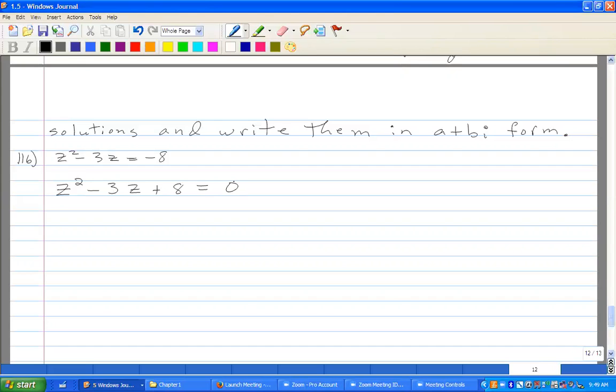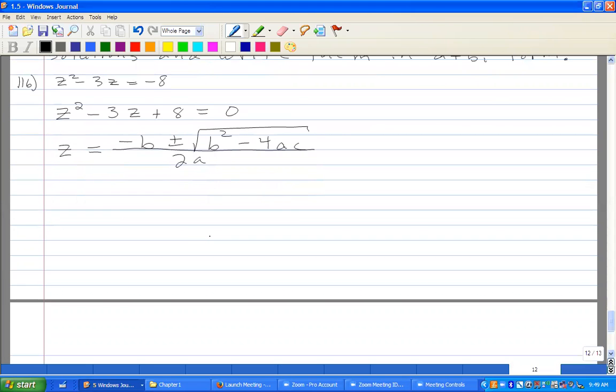So now that I've written it in this form, I can use the fact that z is equal to negative b plus or minus the square root of b squared minus 4ac all over 2a. So let's figure out what z is.